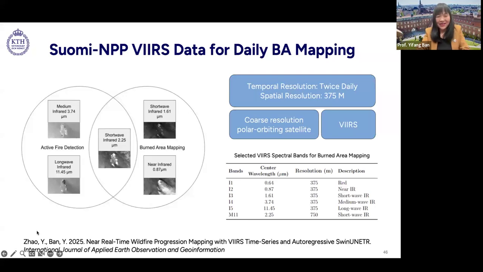So this is a recently published paper in the International Journal of Applied Earth Observation and Geoinformation, and we have utilized again the daytime imagery for burned area mapping. Unfortunately, at nighttime you only see active fires. It's difficult to see burned areas.